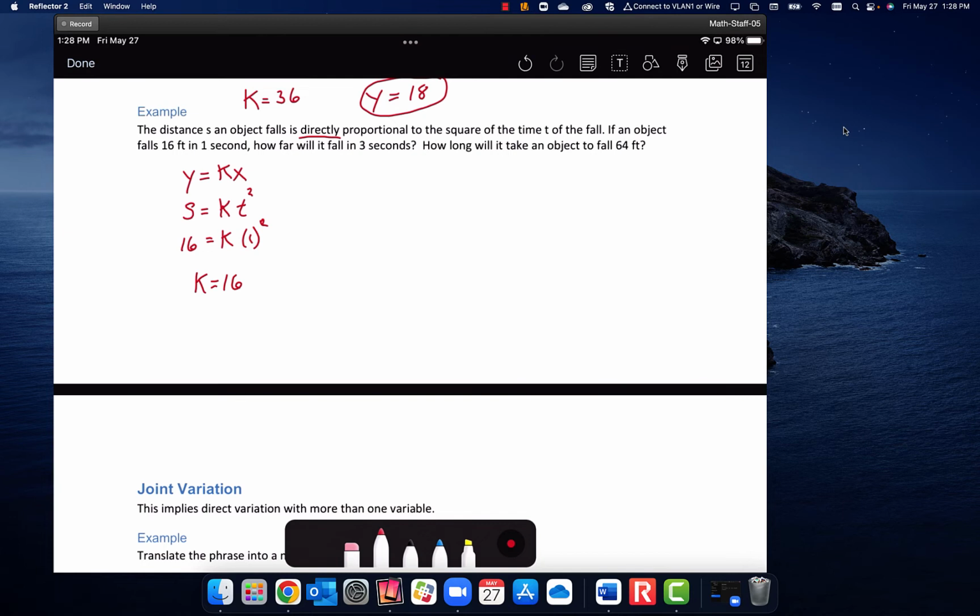Once we have our constant, we can plug that back into the initial equation. s equals 16t squared. Now the first question is, how far will it fall in 3 seconds? s is equal to 16 times 3 squared. 16 times 9 is 144 feet.